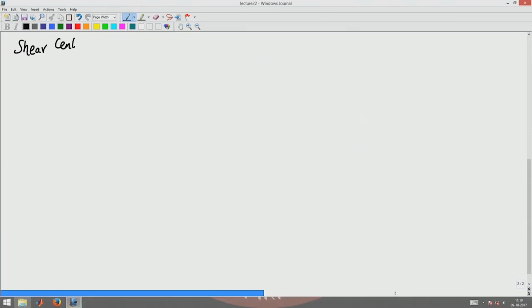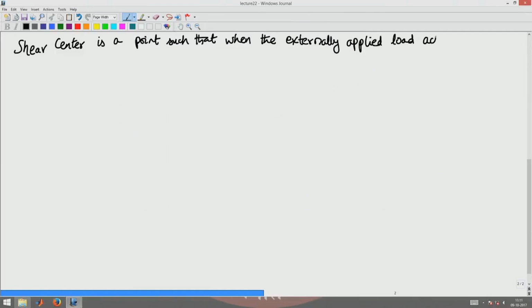Shear center is a point such that when the externally applied load acts on this point, there would be no net torsional moment in the cross section.